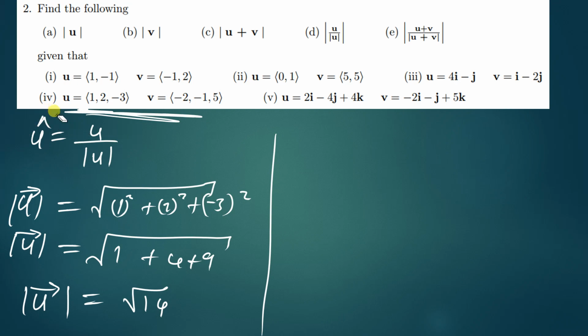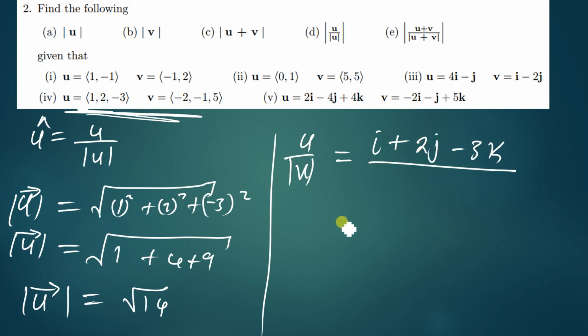So the unit vector in the direction of u is given by, so we have the vector u. The vector u is i plus 2j minus 3k. Then we're dividing this by the root of 14.